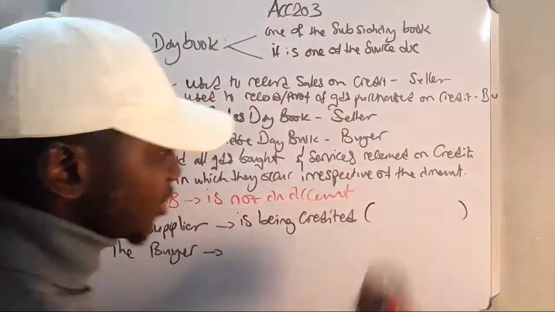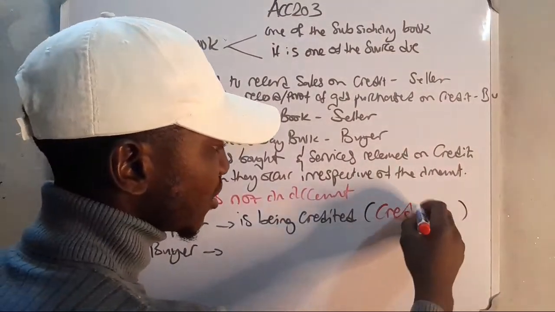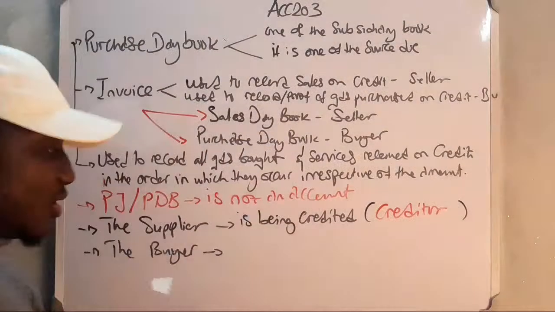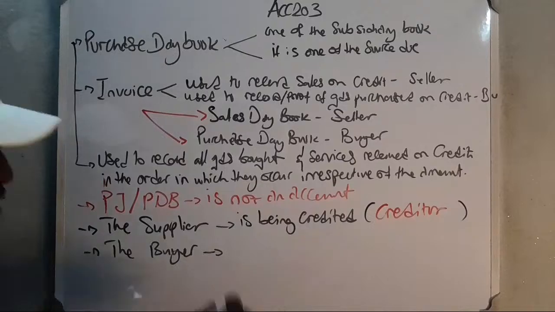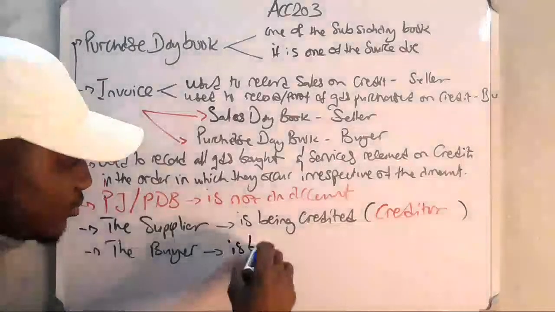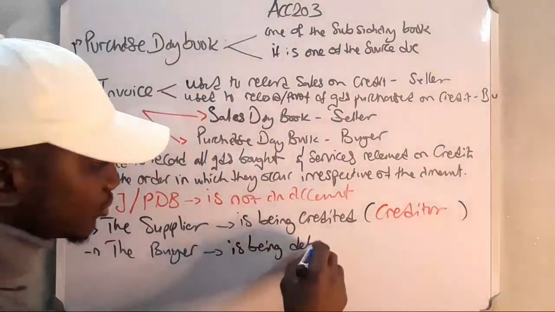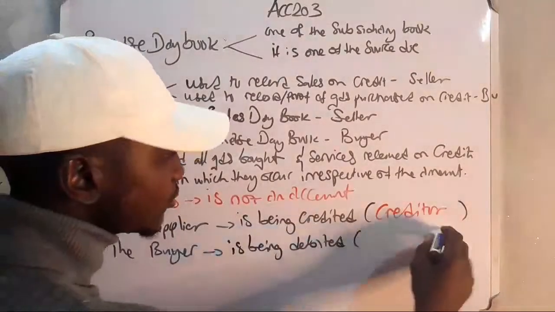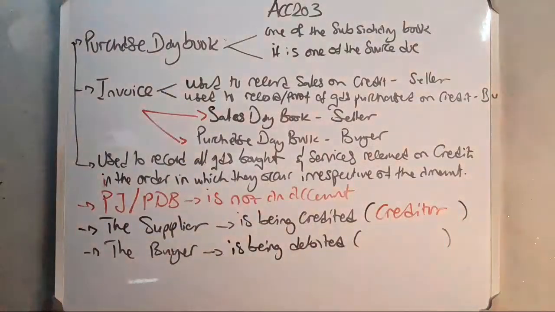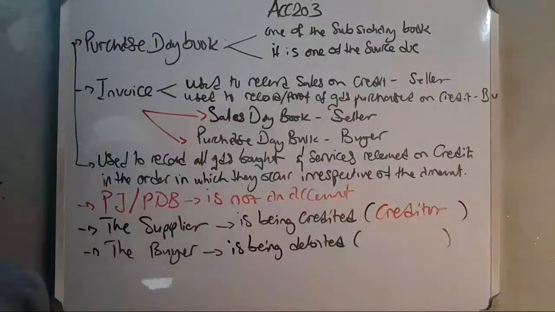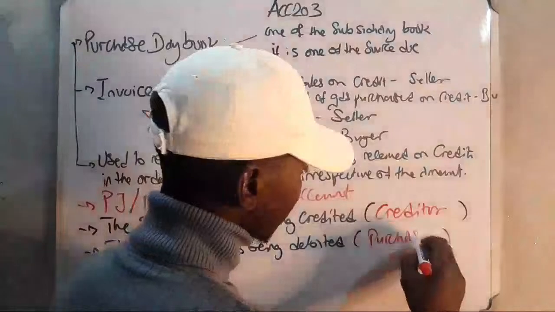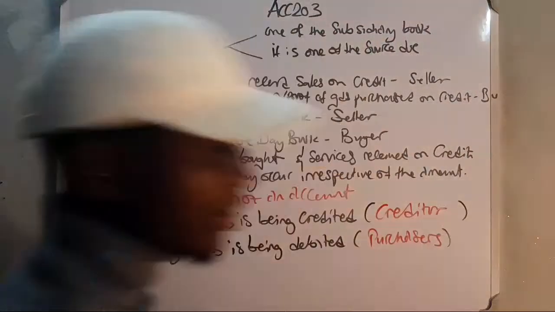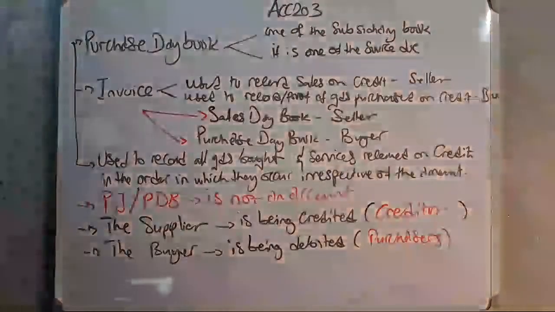That's the creditor, and the buyer is being debited, who happens to be the purchaser. Now, let me explain this.